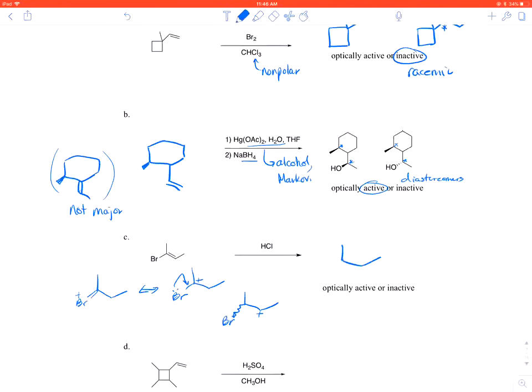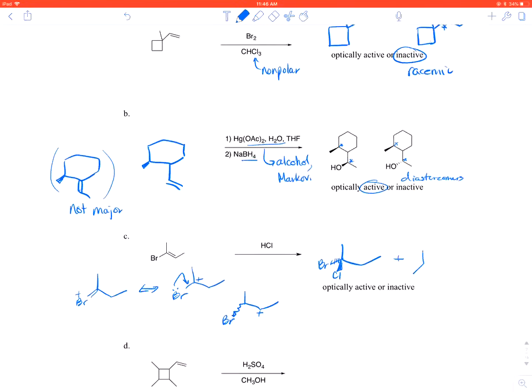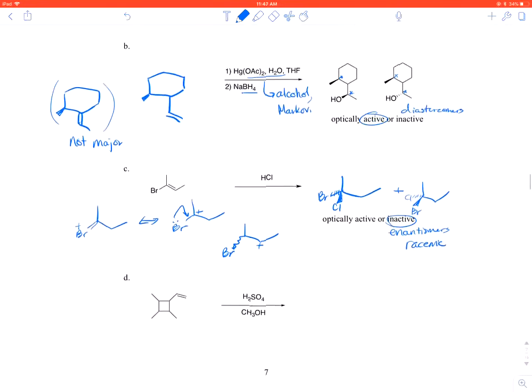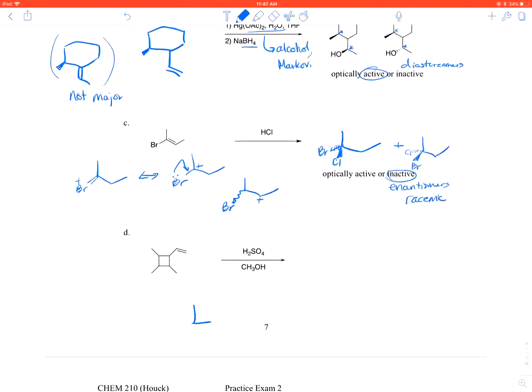And so this is why the bromine and the chlorine will add to the same carbon. Of course, this will produce addition of that chlorine from the front and the back. So this is a pair of enantiomers. It's racemic, therefore it's inactive.